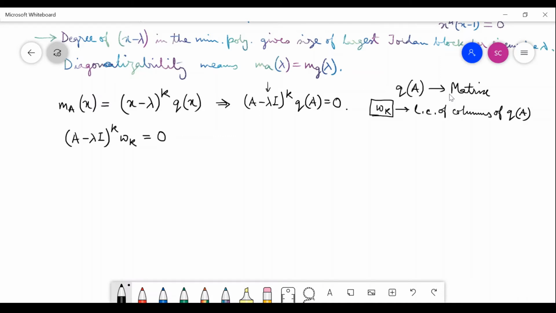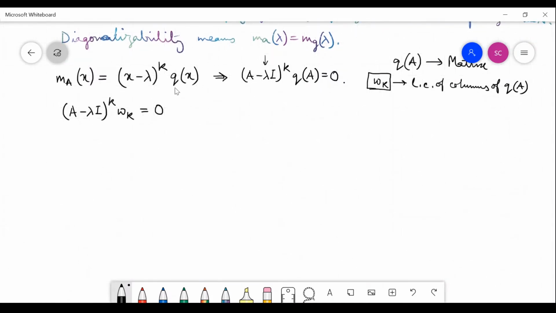All 0 columns will not be possible, because otherwise the other term would not be required in order to make this expression 0. Since this term is present along with that term, q(A) alone is not 0. So at least one column you will find which is non-zero, hence omega_k or w_k will be non-zero. You can find more than that, but at least one you will find.